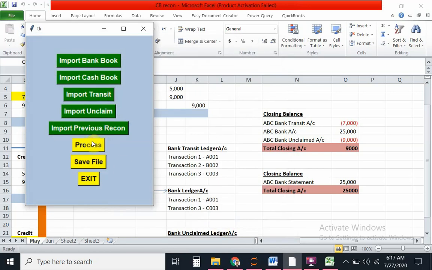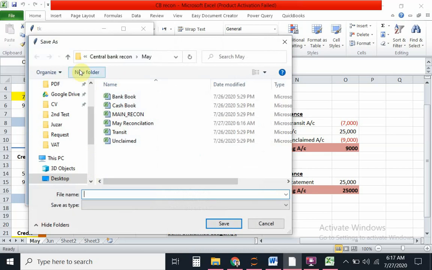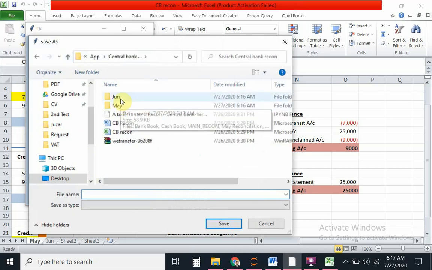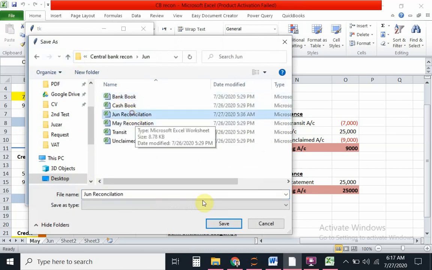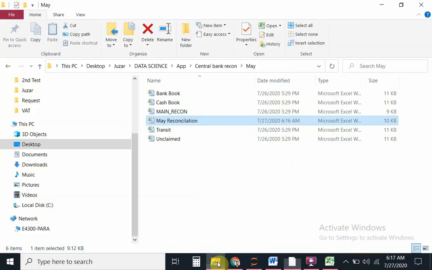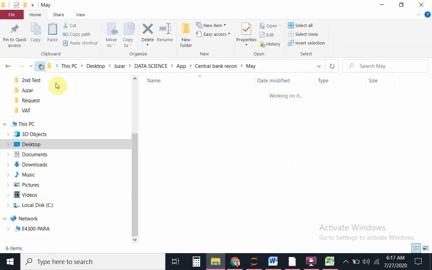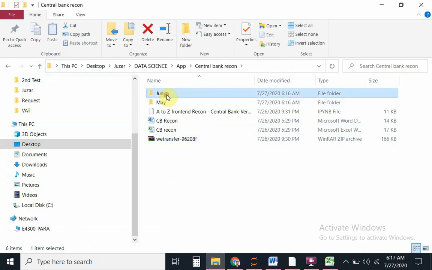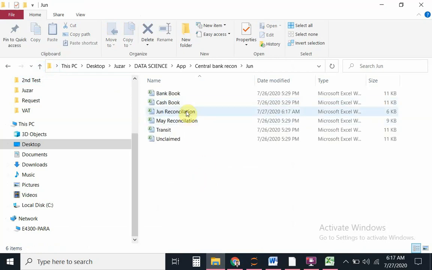I'll process it and save the file. It will be in the June reconciliation. In the June reconciliation, it is 617 and it has just been created.